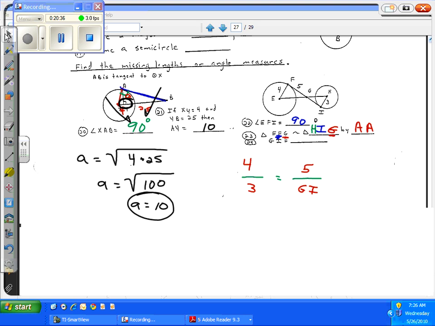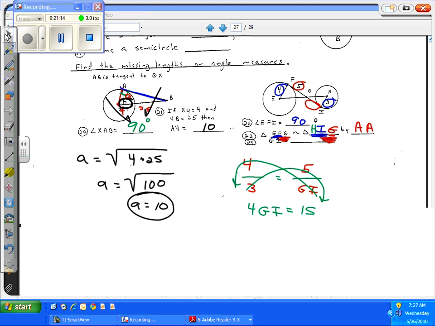Well, if we just look at how they're named similar, EF, first two letters, goes to HI, first two letters. EF, 4, goes to HI, 3. So there's your 4 and 3. We're looking for GI, that's the last two letters. So we would go with the last two letters, FG. So IG goes to FG. There's FG. There's IG. So 4 is to 3 as 5 is to IG.